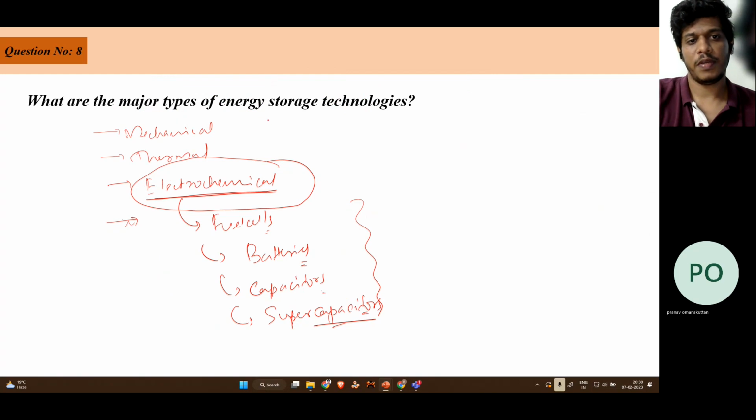Now, the major types of energy storage devices. In this lecture, we mainly discuss electrical energy storage technologies.